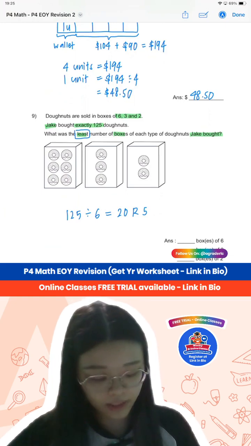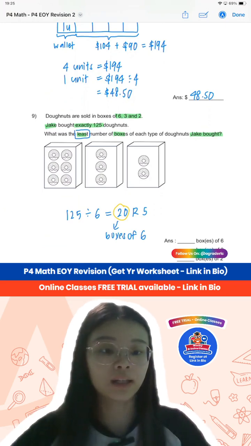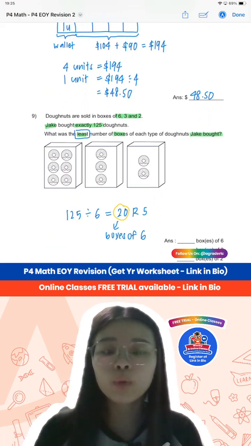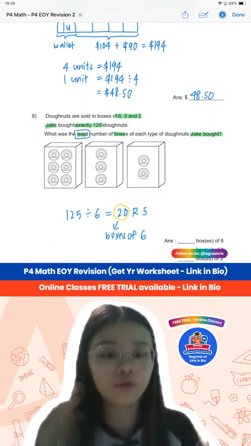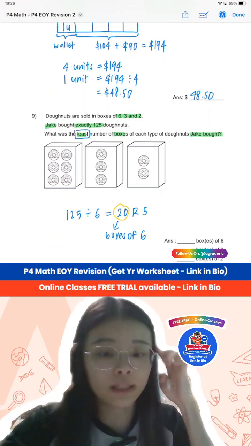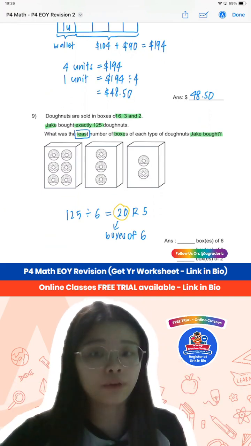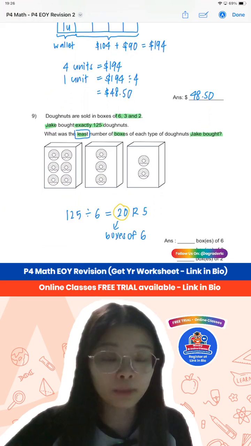So here, this 20 refers to boxes of 6 because I'm dividing by 6. For Papin, you say 125 minus 2 minus 3. This is you already understanding that 120 is a multiple of 6. But if you're working with a larger number, for example 2,354, then you don't know what is the multiple of 6 already, right?